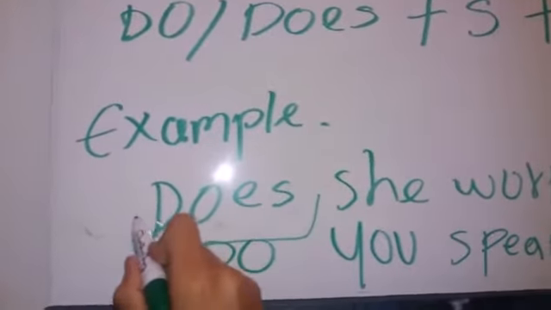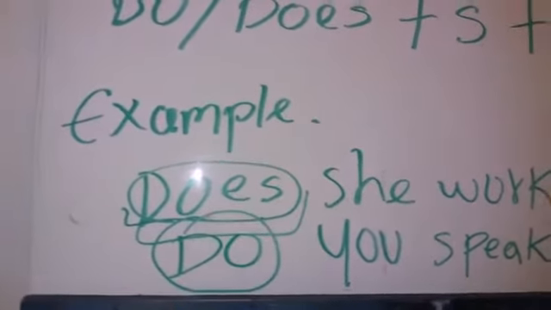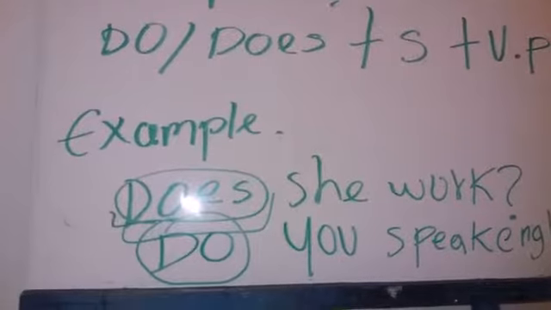We use does for third person and do for the first person. Guys, be careful, pay attention with this information because this is very important to remember. The use of auxiliary in questions in this form is mandatory and the intonation is not enough.